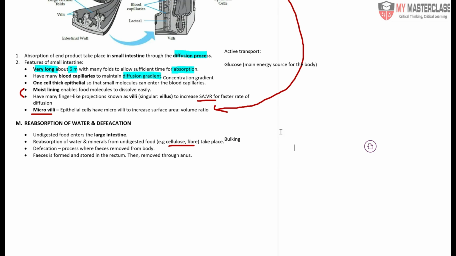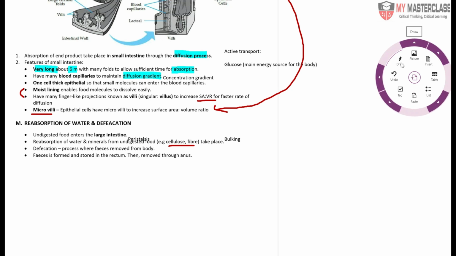How is it possible that the undigested food moves through the large intestines? It is also by the action called peristalsis. Peristalsis is the action through the large intestines that helps to move the food throughout the entire process until it is stored in the rectum.